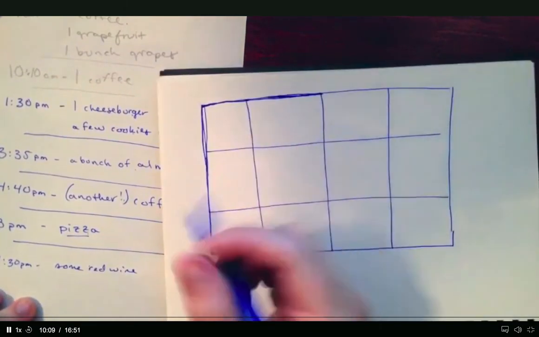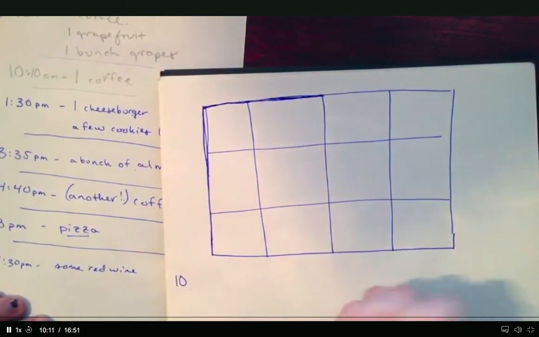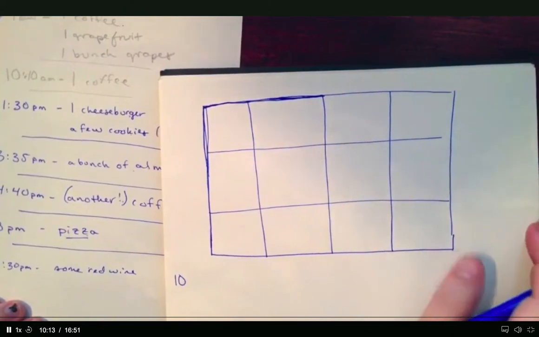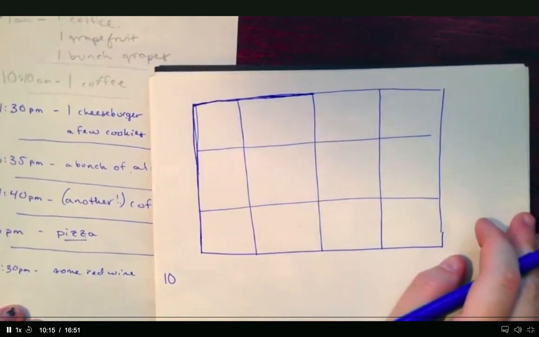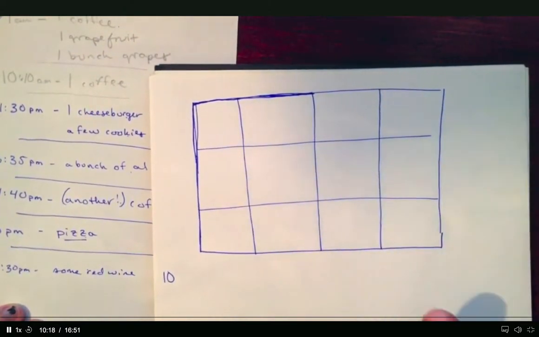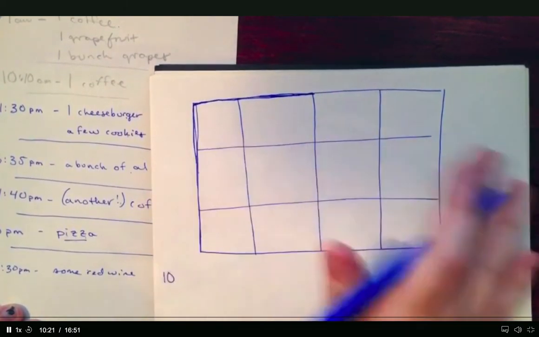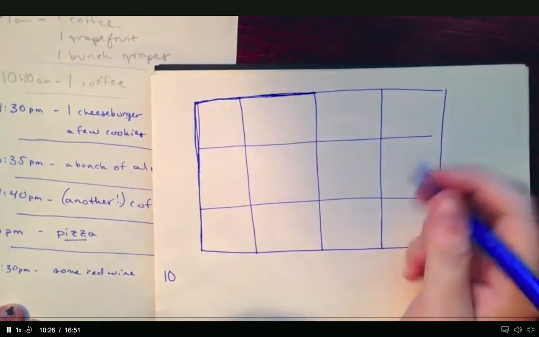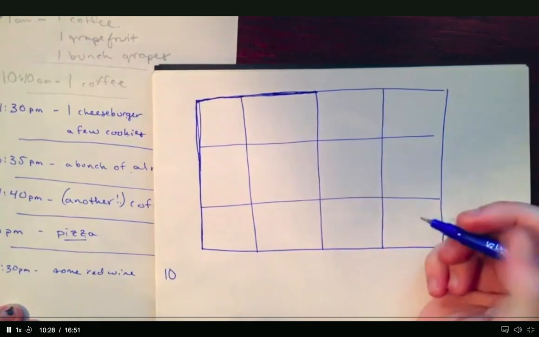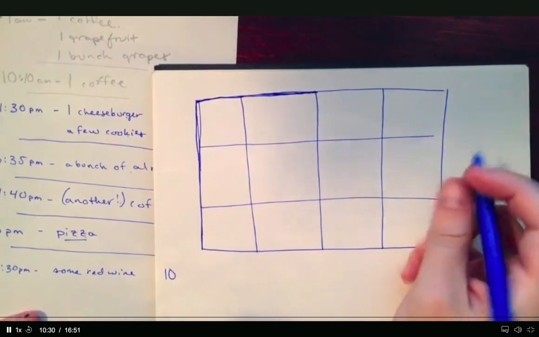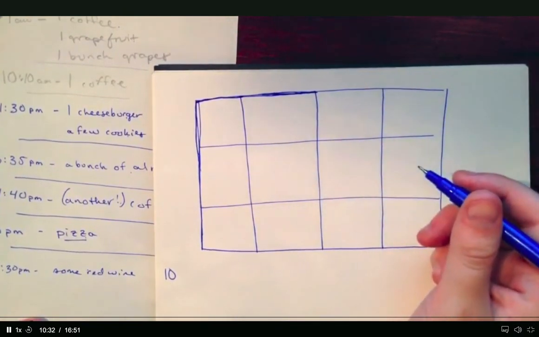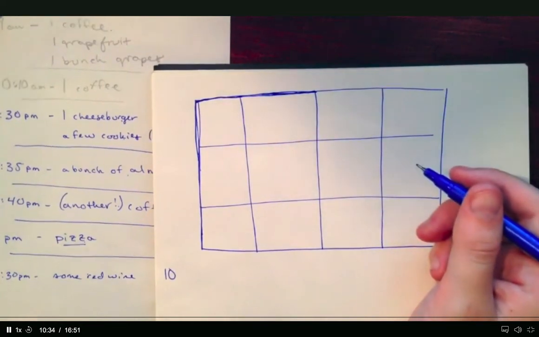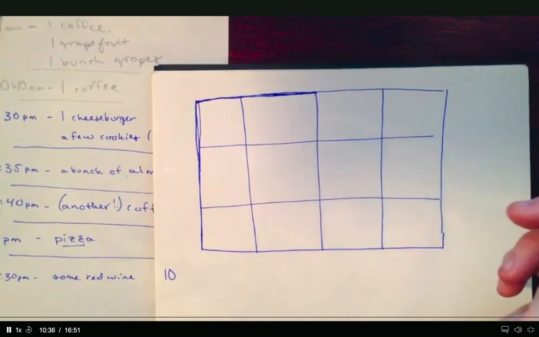So I have 10 pieces of information that I need to put on this grid here that may or may not need to sit within the right box. So that leaves 2 pieces open, which is interesting. So then I'll have a little bit of space to work with, potentially for text or anything like that.